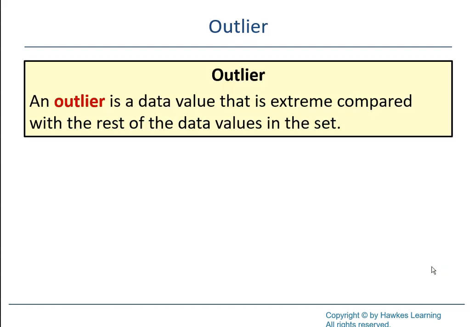Now, a word we'd like you to add to your vocabulary is what we call an outlier. Normally when we look at data, if we were to put our data on a curve, it might look like this, with there is your median, and that might be the mode also.